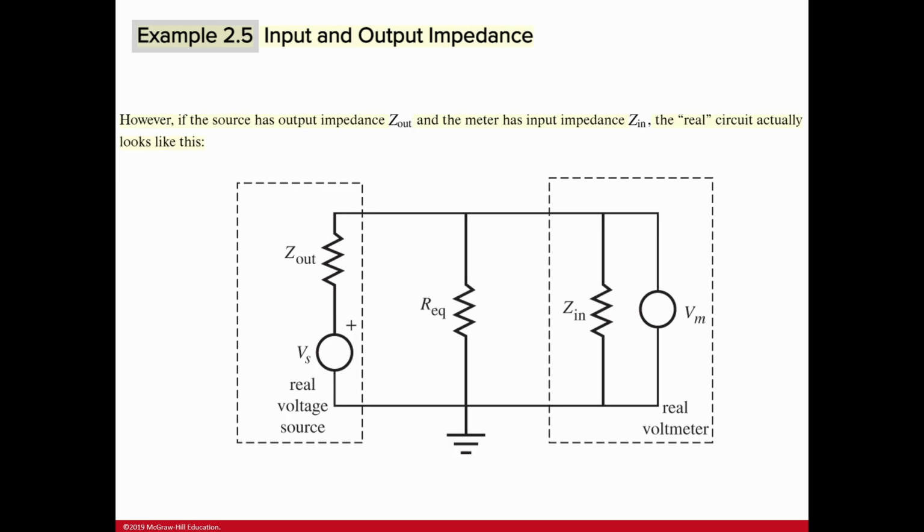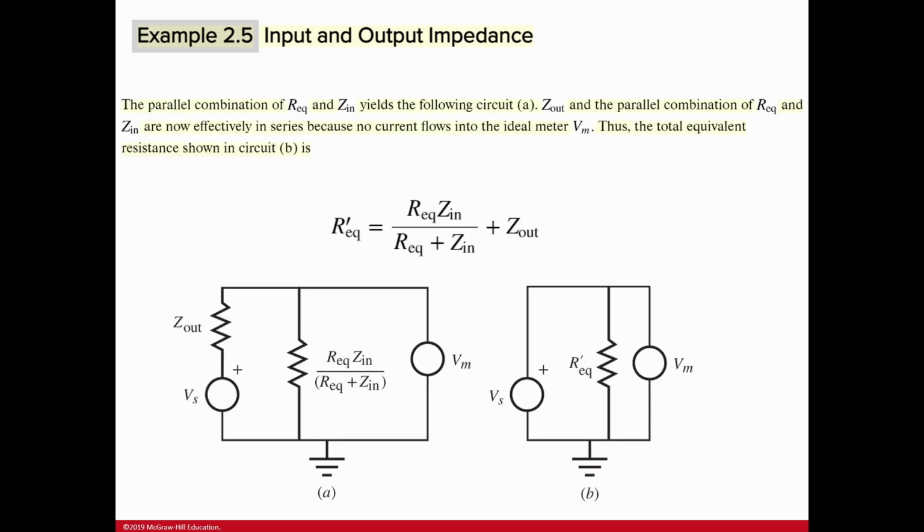When you ignore this, the equivalent resistance is actually connected with Zout in series, right? So that's why we just add Zout into the equivalent resistance here. Okay. So we call it Req prime.